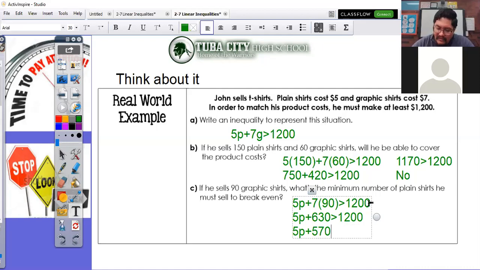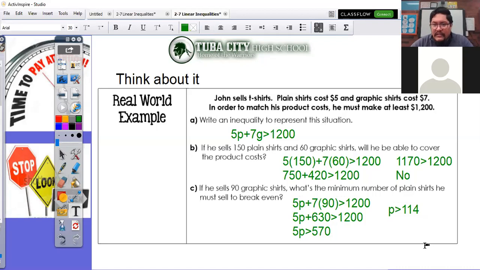And since they're $5 a piece, I'm going to divide both sides by 5. And the number of plain shirts would have to be greater than 114. Oops, I put a plus sign instead of this symbol here.